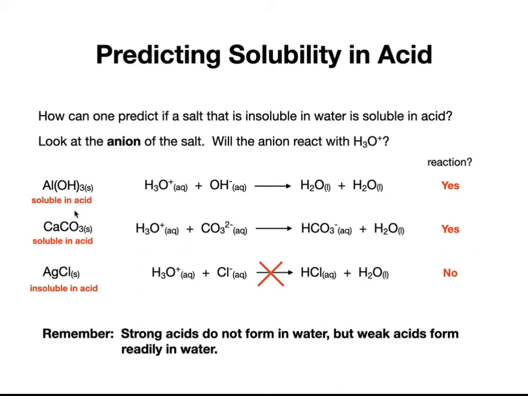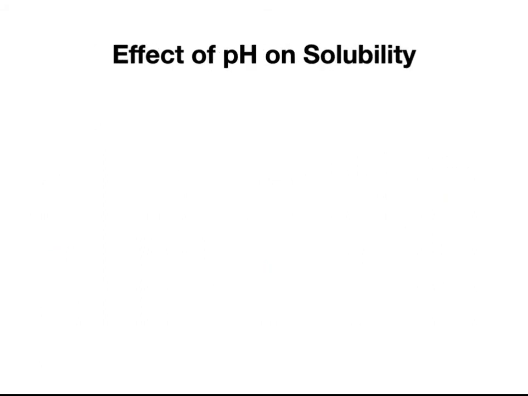Let me repeat that. If the anion is the anion of a weak acid, the salt will dissolve in the acid. Okay? All right, so let's look at the effect of pH on solubility.